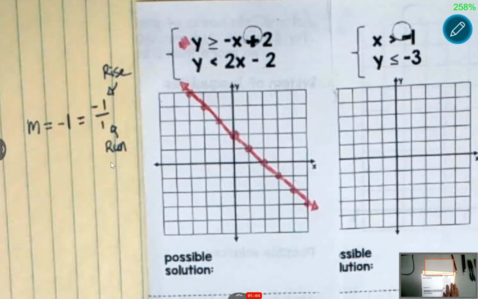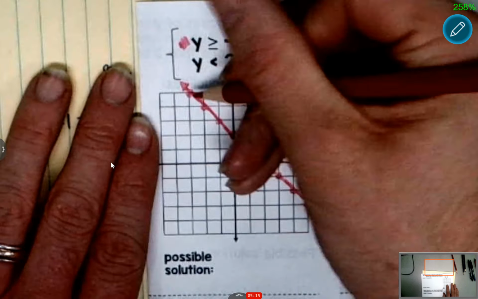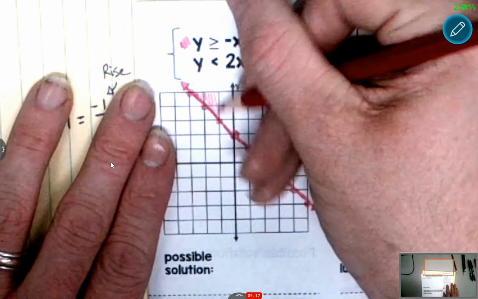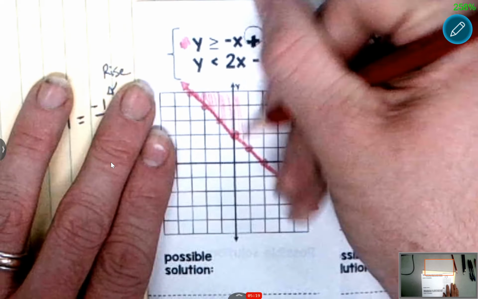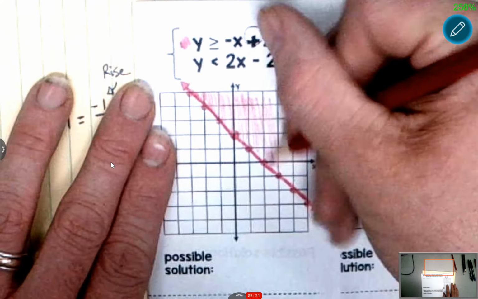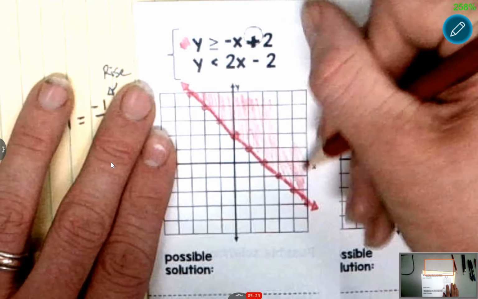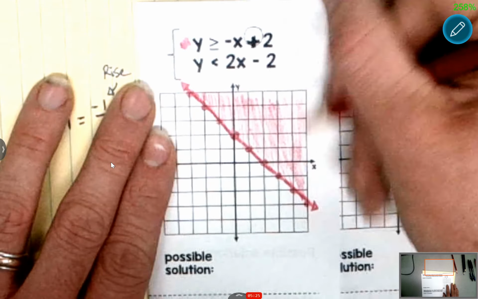This is the part where we're going to shade this first inequality. Raise your hand if you can tell me, above or below the line, where should I shade? Above the line. So I'm going to shade lightly. If you're using pencils, definitely shade lightly so we can come to our conclusions properly.